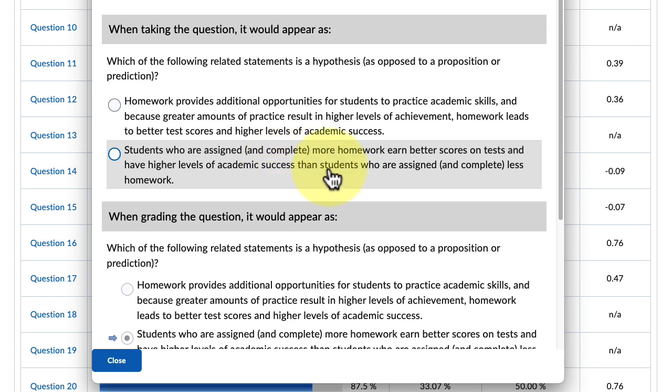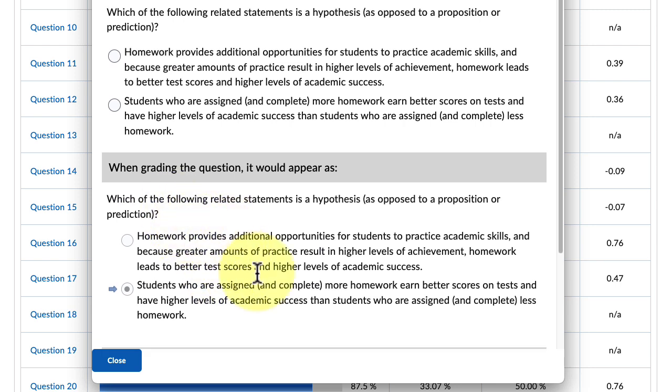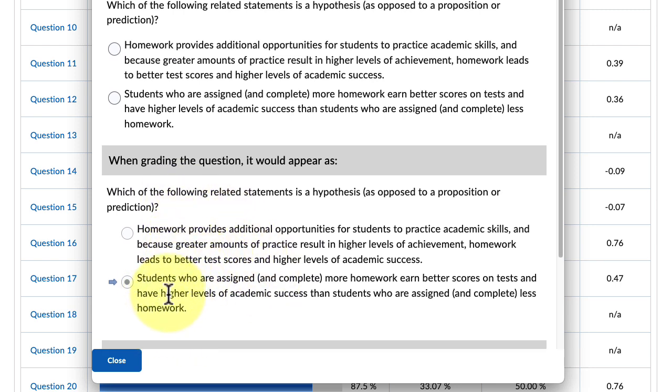So to me, the independent variable is clearly stated, amount of homework, and the dependent variables, scores on tests and academic success, sound like clear dependent variables, and you're communicating or projecting what you think the relationship is between those two variables. So to me, that is definitely the better answer. And if you look at the possible responses, that is the better answer.